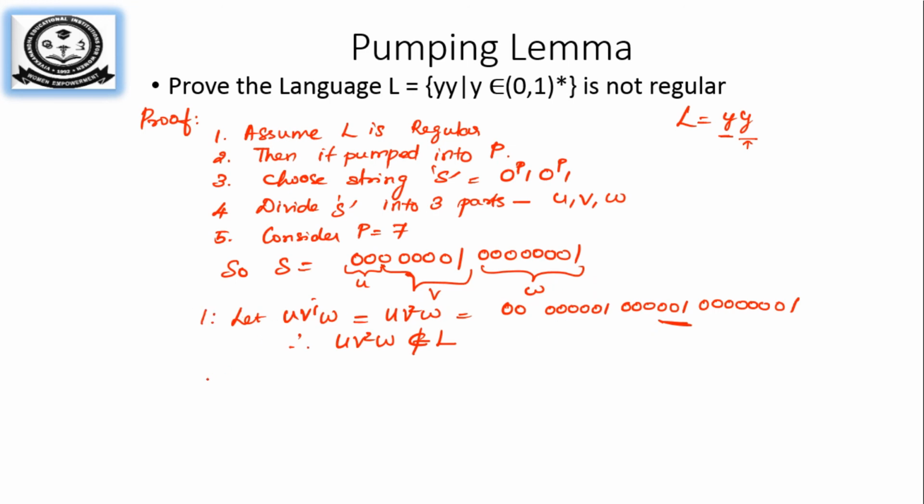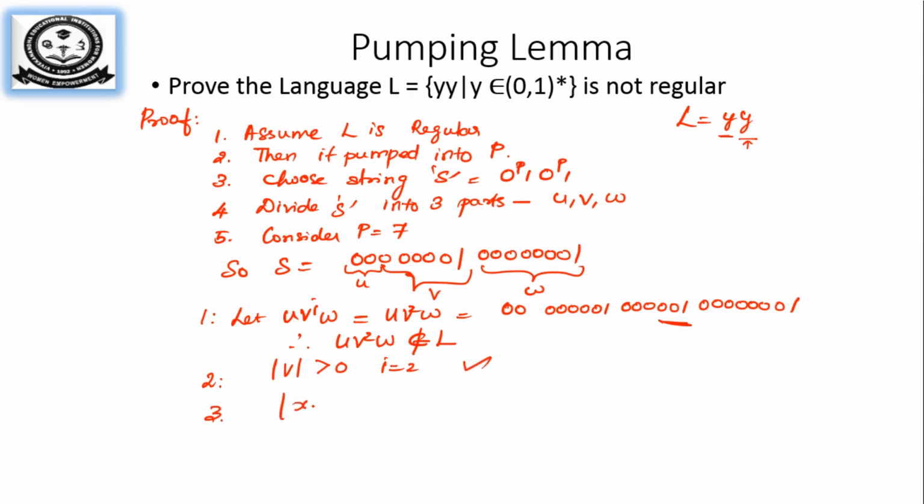So condition 1 fails. Now condition 2 is that the length of V must be greater than 0. Here you have taken i equal to 2, so it is satisfied, no issues.